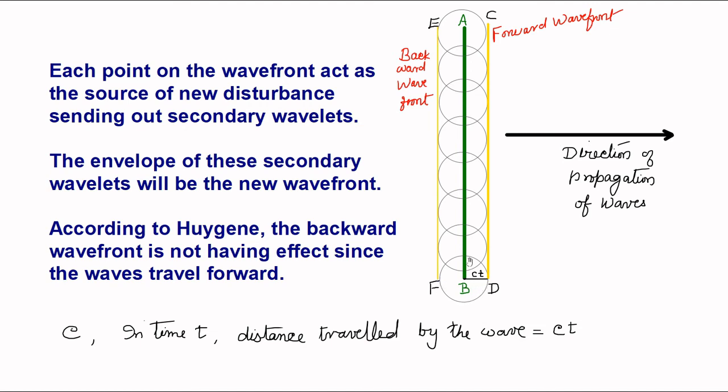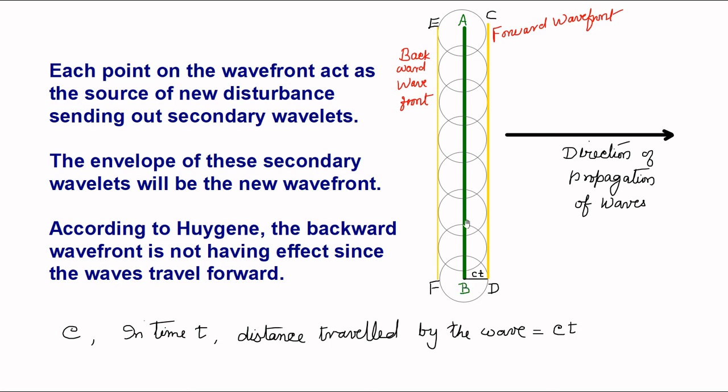So we can draw the secondary wavelet. The tangent or envelope of the secondary wavelet is the new wavefront. So thus we get CD, where D is the point on the secondary wavelet for the point B.